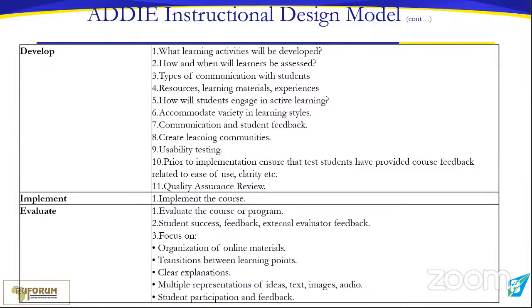Can they give you feedback in terms of how well the course was structured, in terms of the clarity and depth of the materials, in terms of the delivery mechanisms, in terms of assessment feedback? These are very, very important because at the end of the day, you are only a mirror of yourself. So the students give you a better perspective of whether your intended goals have actually been met, besides you assessing the students. And then, of course, have a quality assurance review.